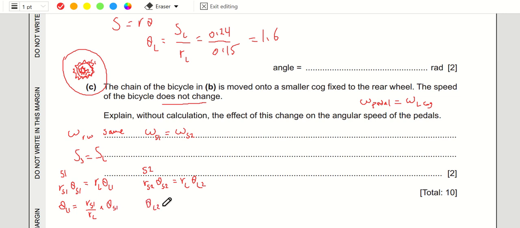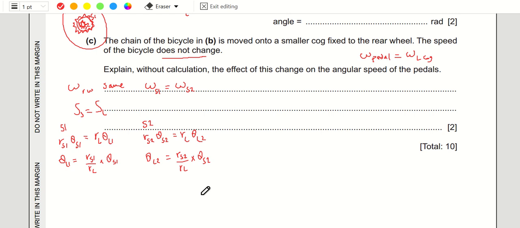For the same time before and after the change, I mean during S1 or during S2, as omega S1 equals omega S2, theta S1 will equal theta S2.